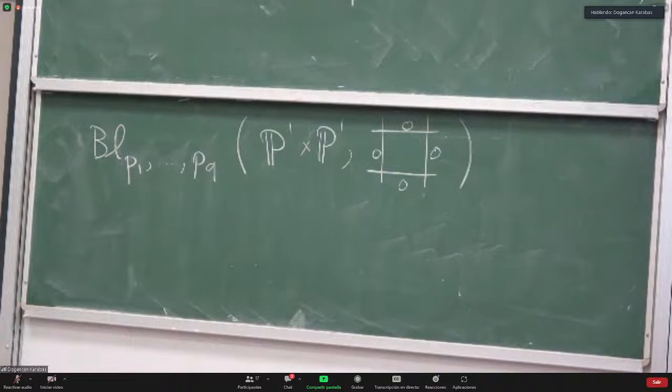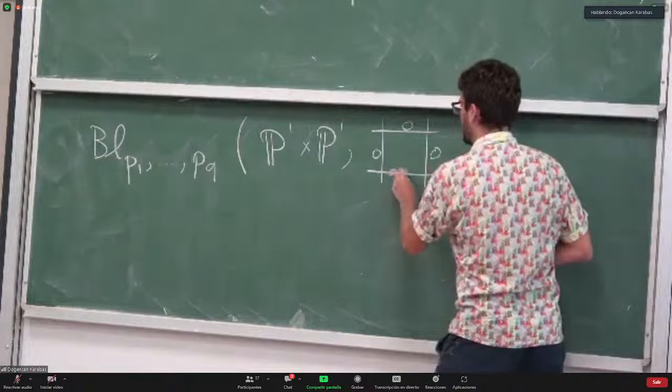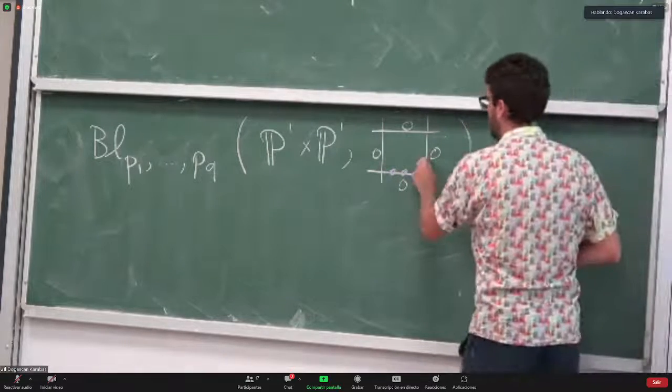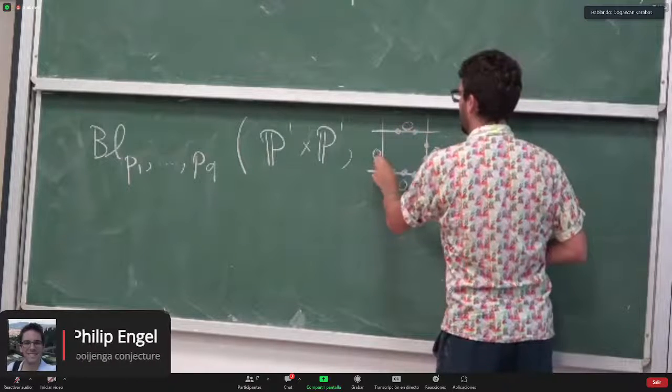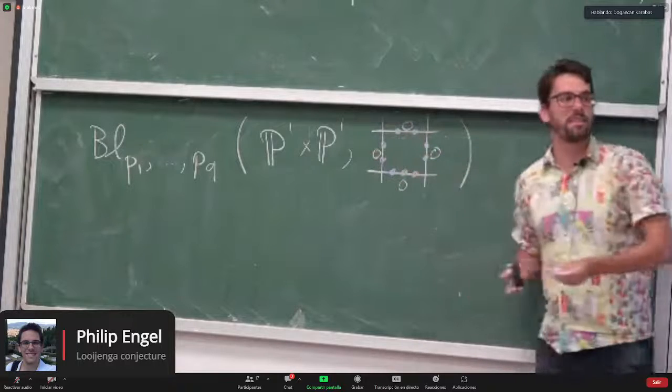The points that I'm going to blow up are on the toric boundary. So I'm going to blow up 3 points on this bottom component, 2 points on the next, 2 points on the next, and then 2 points on the next. So these are P1 through P9, the 9 points that I'm blowing up.